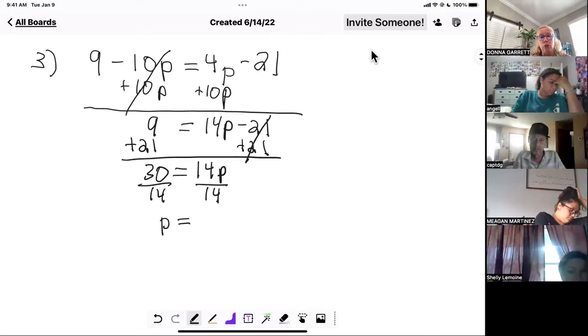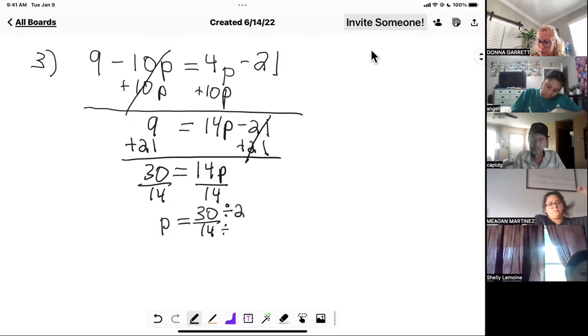Now I got a fraction, but no big deal. We're going to simplify the fraction. We can divide both the top and bottom by 2. And I get 15 over 7.